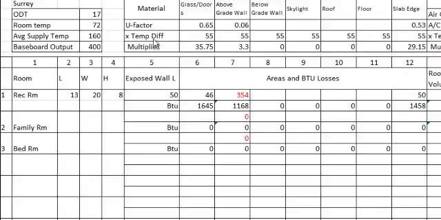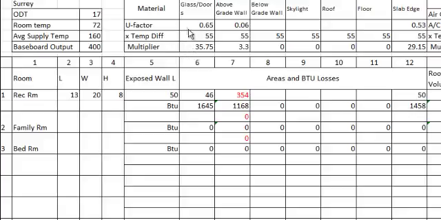One of the first bits of information we have to fill in is the glass or door U factors, apply our temperature difference to it, and come up with a multiplier for glass and doors. This multiplier will be used to find out your total BTUs per hour transferred through the different materials per square foot.